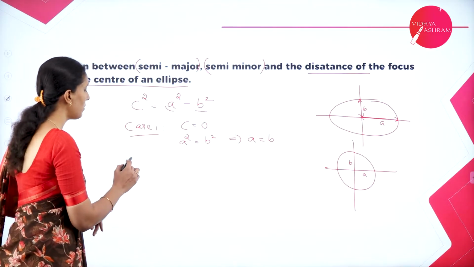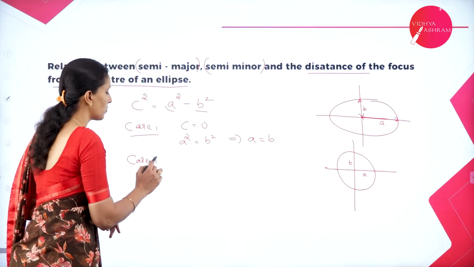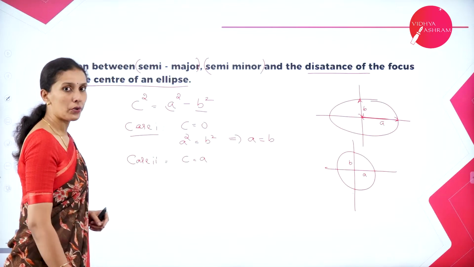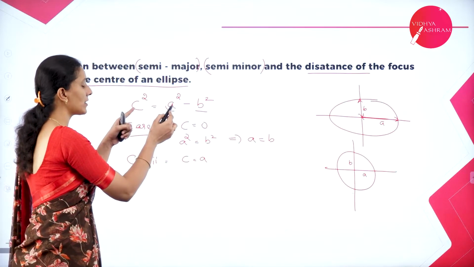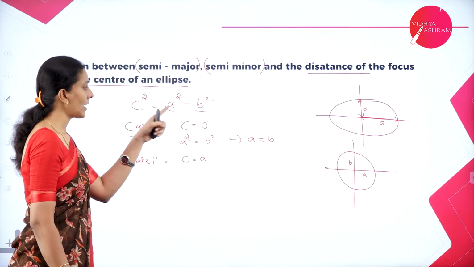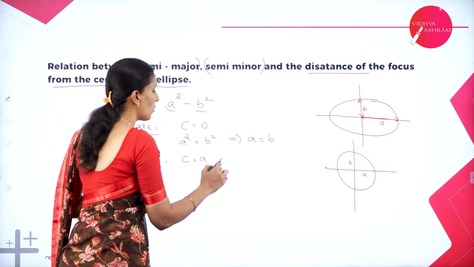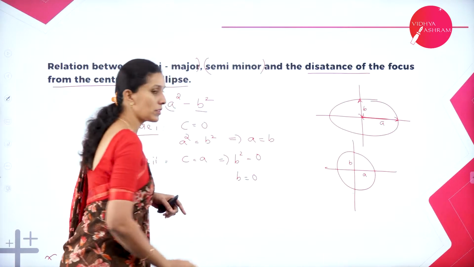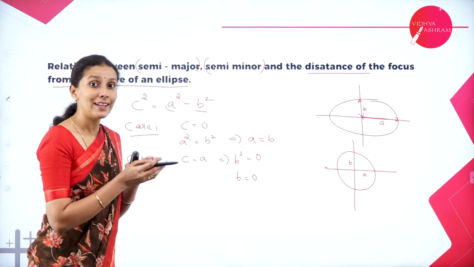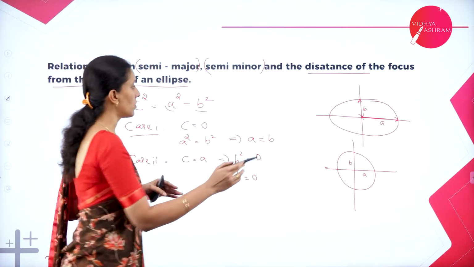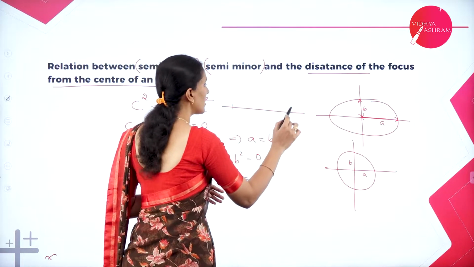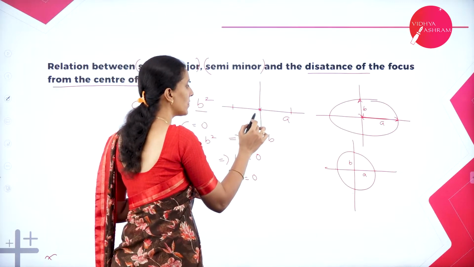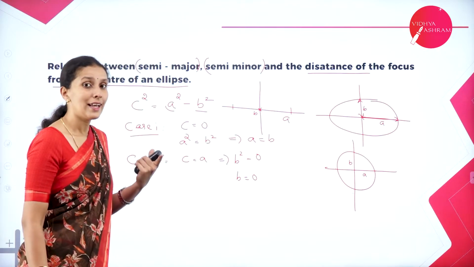Next, we have case 2. Suppose C is equal to A. What happens? We get A square is equal to A square minus B square. I can cancel A square on both sides, so I get B square is equal to 0, which implies B is equal to 0. If B is equal to 0, there is no semi-minor at all, so we get a straight line at a distance A. So then there is no ellipse.